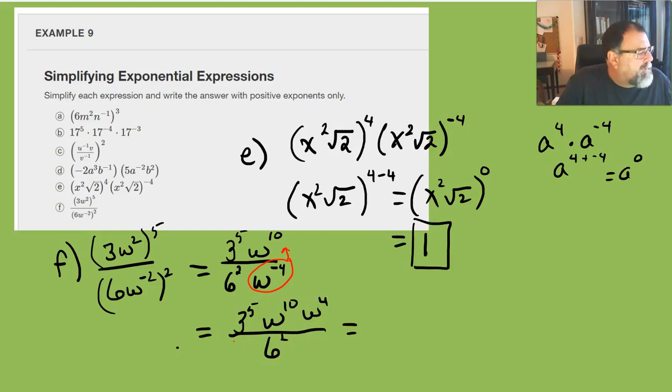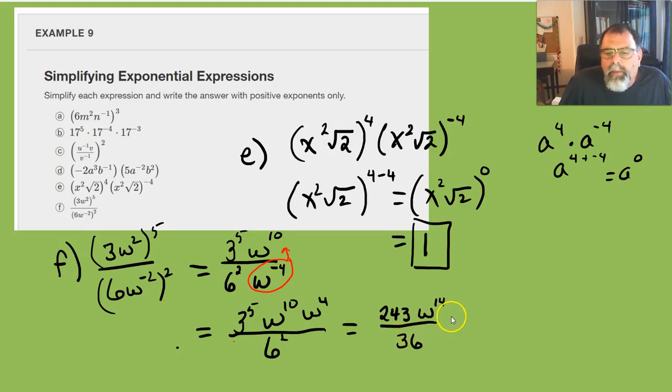Now, do I want to simplify numbers here? So 3 to the 5th is 243. And then I'm going to add the exponents, same base, add the exponents. So 10 plus 4 is 14. And on bottom, that's 36.